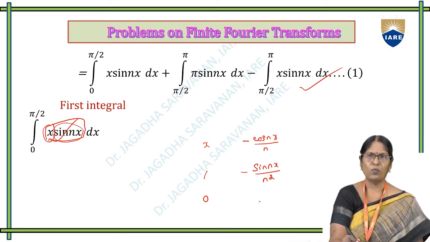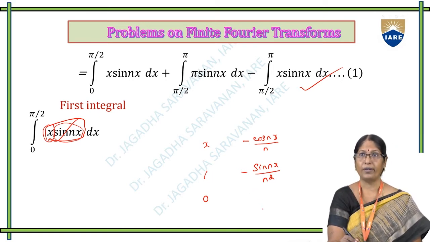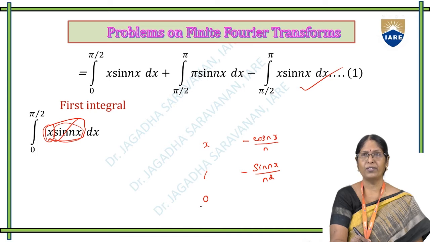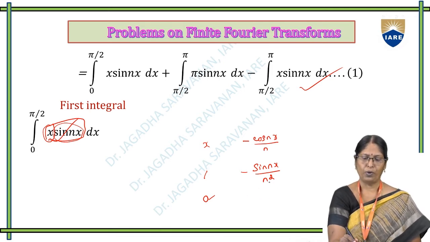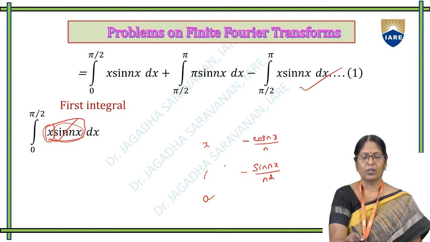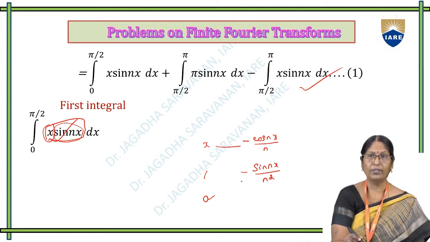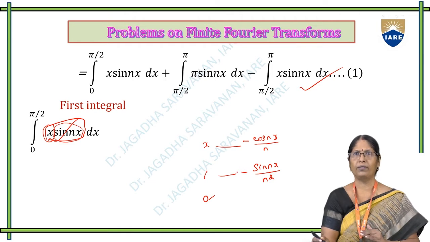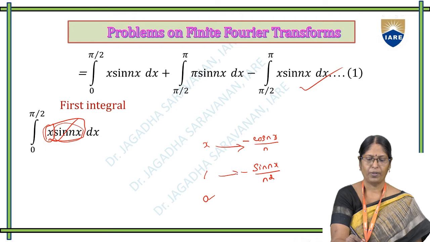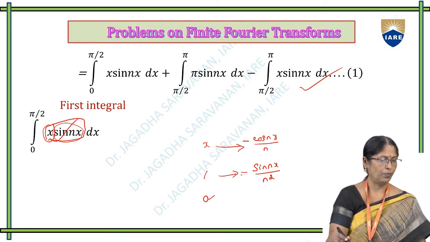Once again we need not write more, because the differentiation side already became 0, so writing further is meaningless. We stop here. So this into this into this we have to do. This is a very simple way to do the integration, which we will see now.